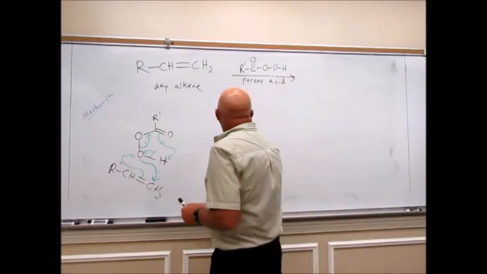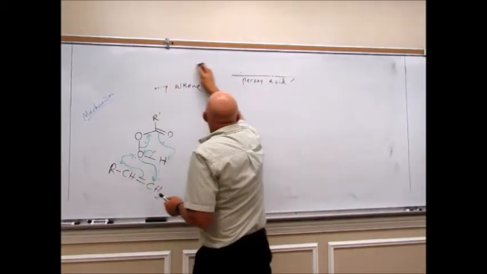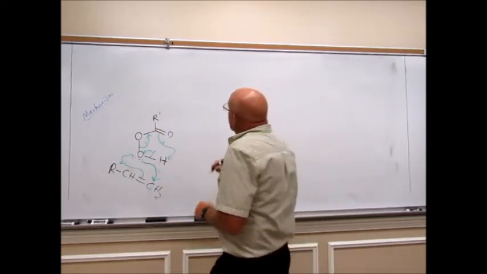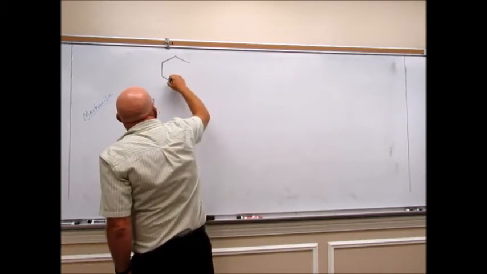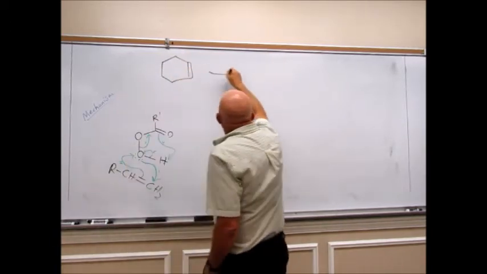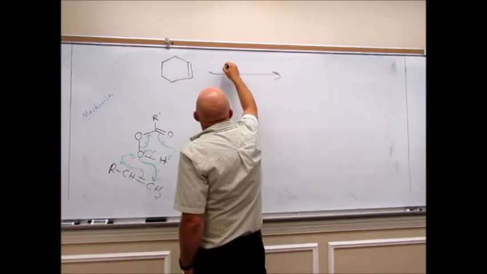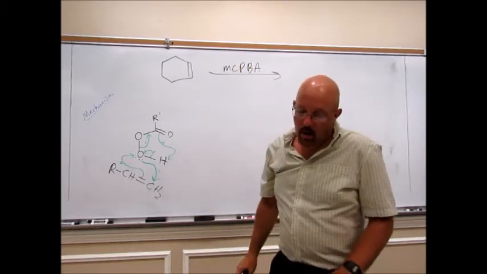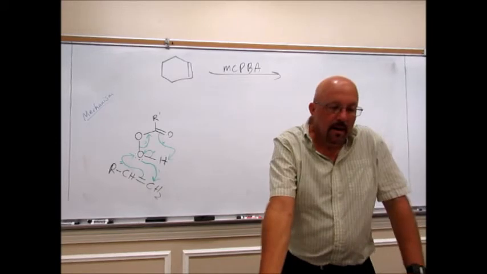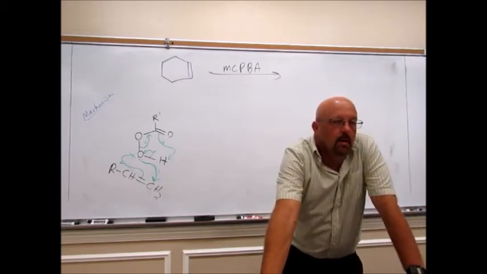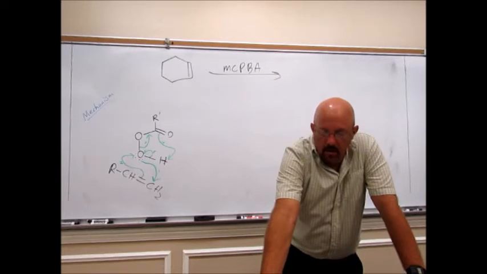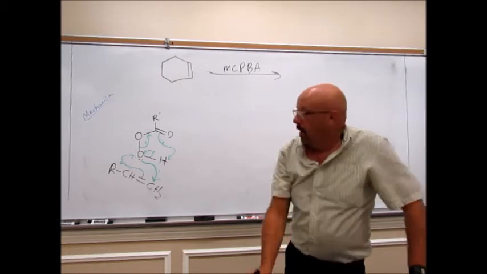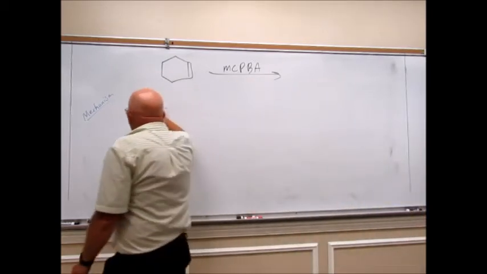So let's look at some examples. Let's do a cyclic alkene. Any peroxy acid will work. The most common peroxy acid is MCPBA. That's the most commonly used one.